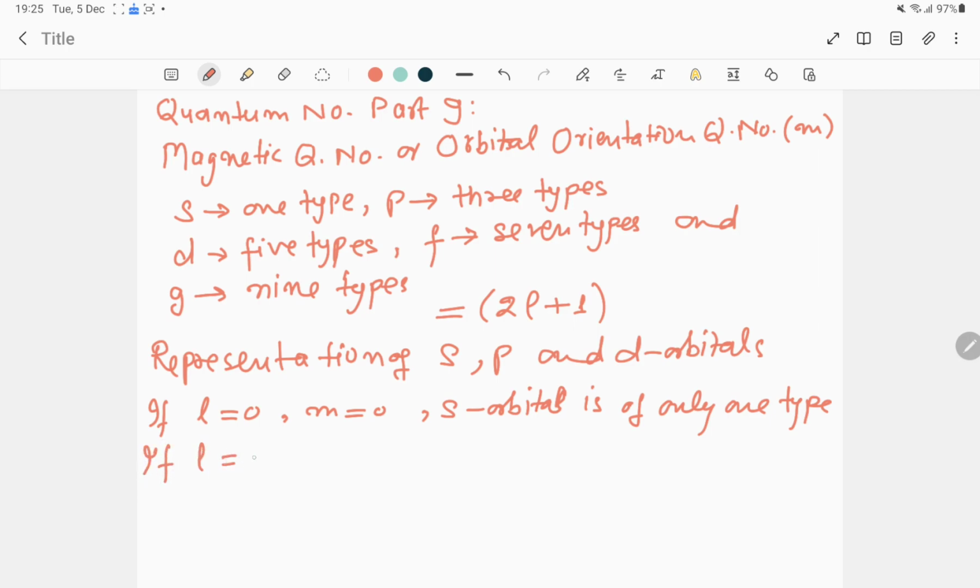If l is equal to 1, then there are three values of m, three values of the magnetic quantum number. m is equal to 0, plus 1, and minus 1.